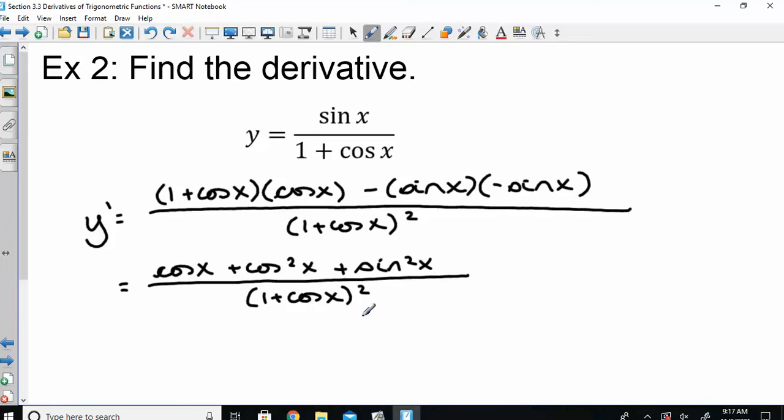Then what would you do? Cosine squared plus sine squared is just 1.